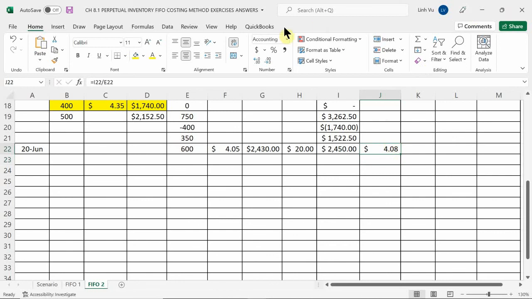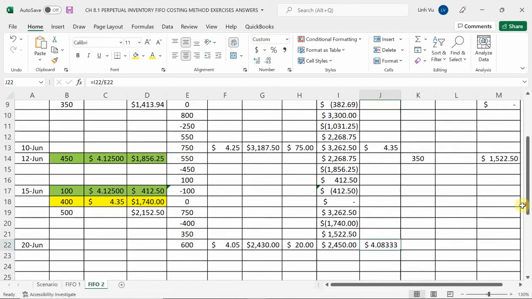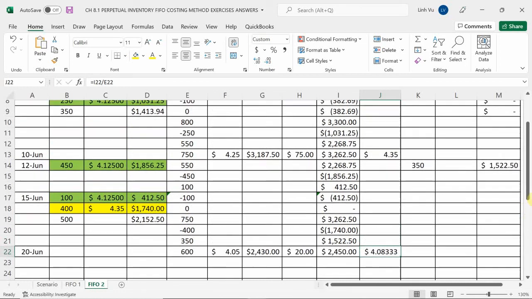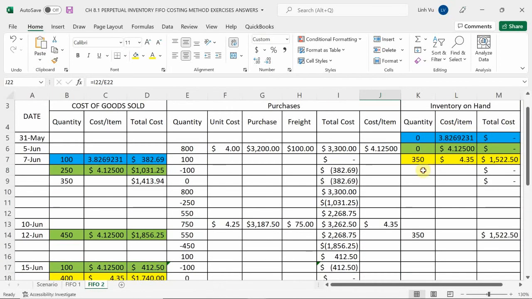So let's make sure this is actually 4.08333. Okay. Let's pop this into our inventory on hand, right?